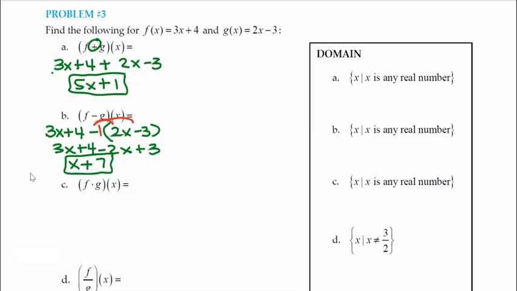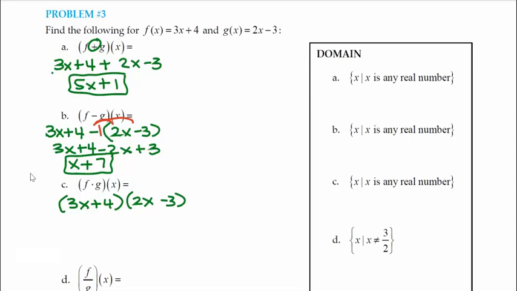All right, and then we can do the same thing with multiplication. We're multiplying those together: 3x plus 4 times 2x minus 3. We're just going to be doing FOIL, like we talked about before, and then combining those like terms.